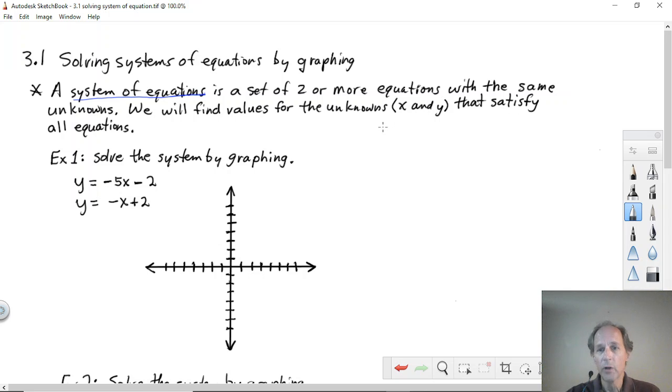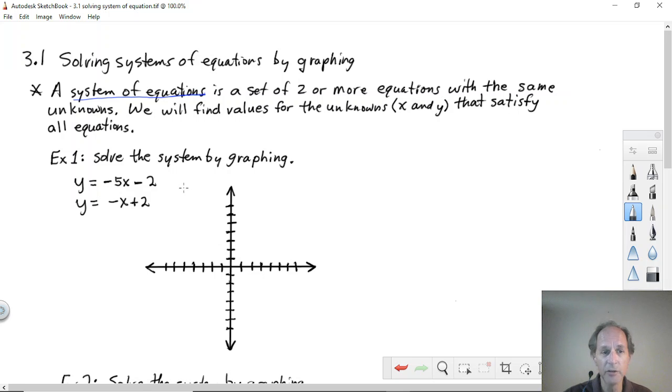So we're going to look at solving these by graphing. We have this system of equations in example 1. We will just graph both of these, and then we'll see where they intersect. The place where they intersect is the place where both equations are satisfied.